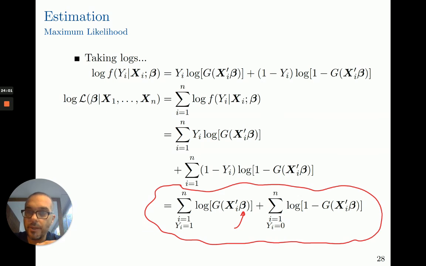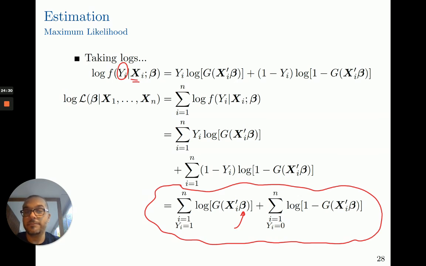Here we are maximizing the likelihood function, because we have a well-defined probability model where we have assumptions. We know the probability model that describes the y's conditional on x.